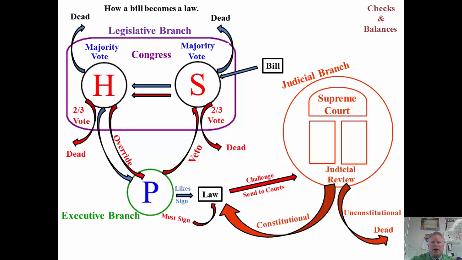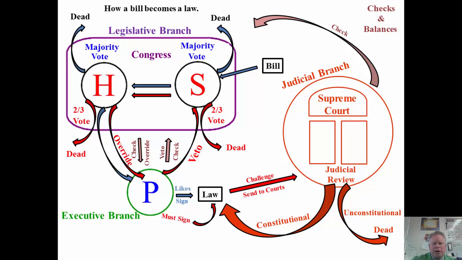Now, the checks and balances. The President's check on Congress and the legislative branch is veto, and Congress's check on the President is override.